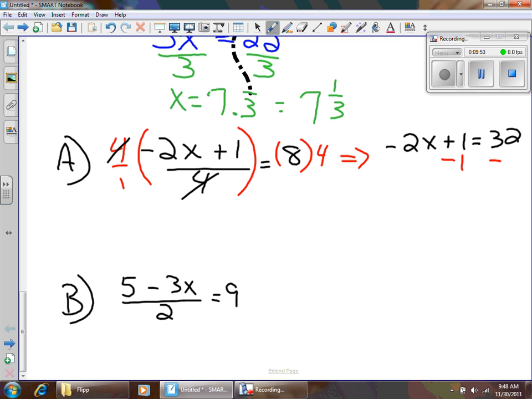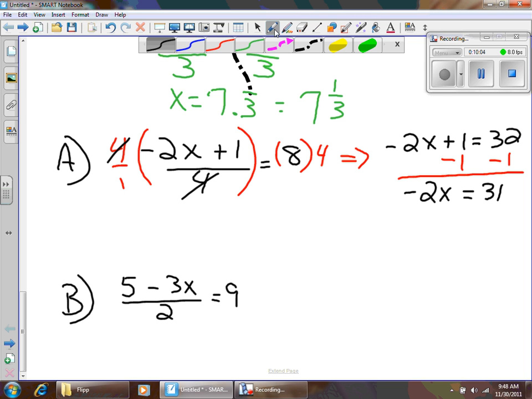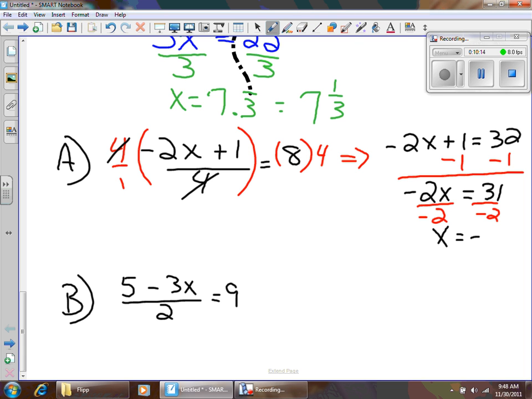I will, and I will end up with -2x equals 31. Now I'll get rid of the multiplication by dividing by -2 on both sides, and I will end up with x equals negative 15.5, 15 and 5/10 or 15 and a half.